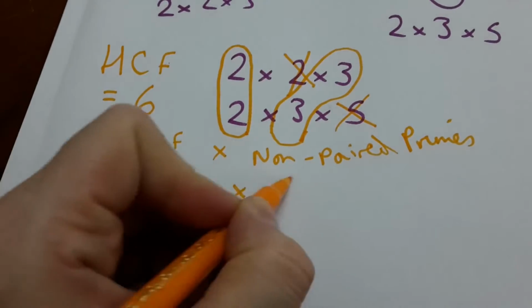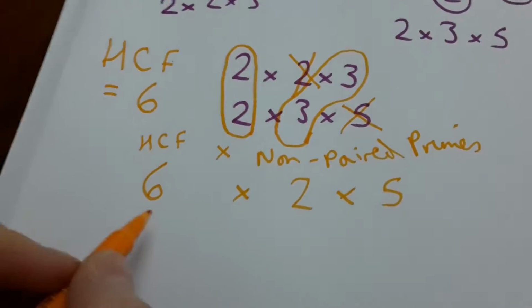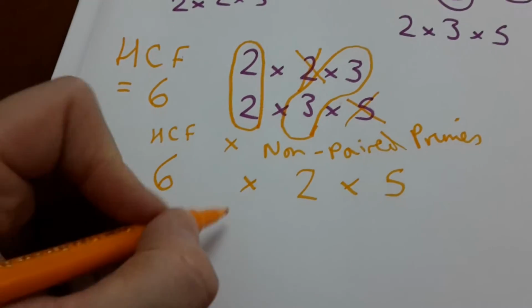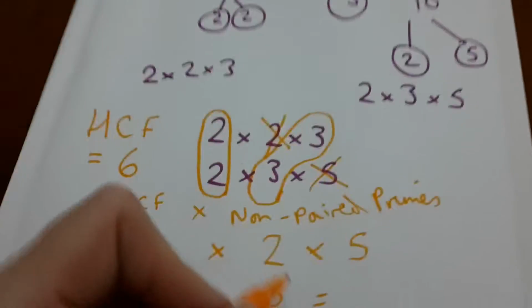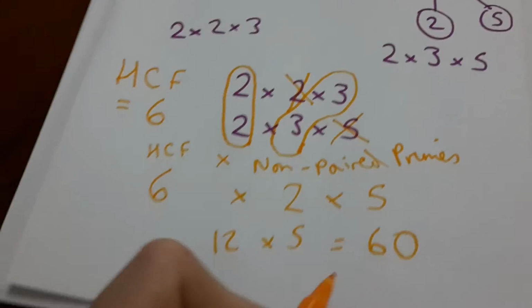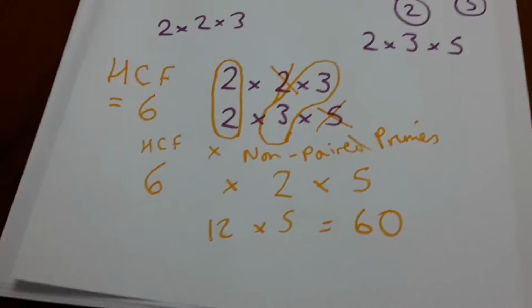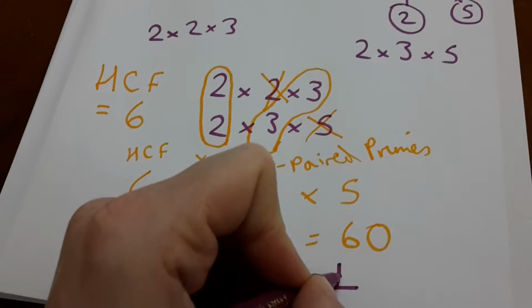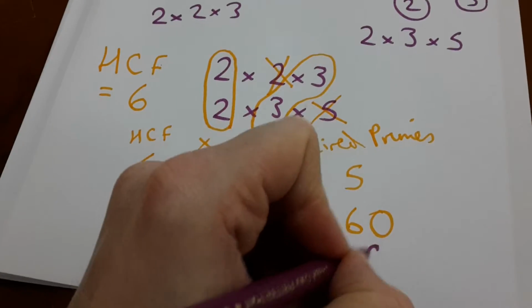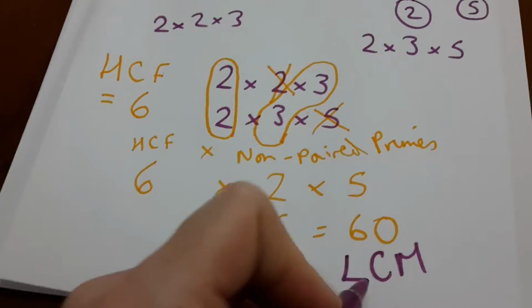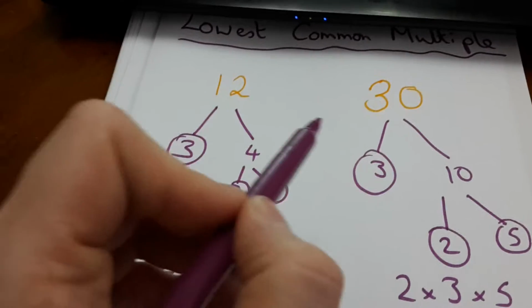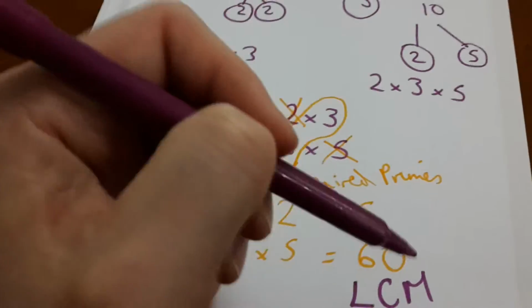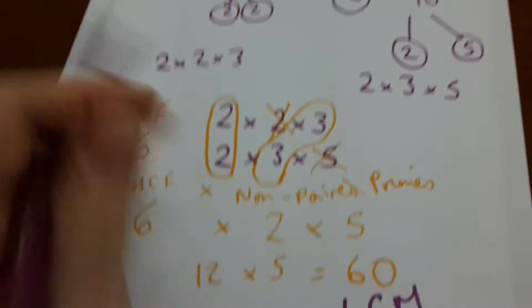So 6 times 2 times 5. So 6 times 2 is 12. 12 times 5 equals 60. So this means that my smallest or lowest multiple that's common to both numbers, the smallest number that both of my numbers will fit into, is 60.